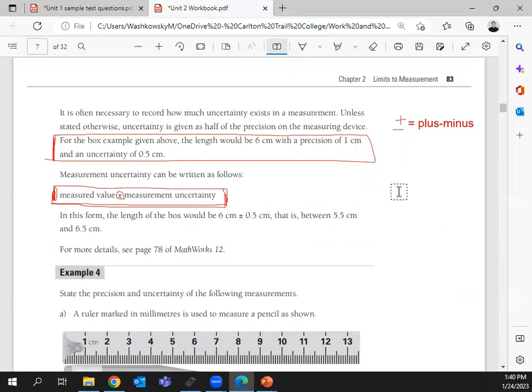So the easiest way I can think about it is this. Let's imagine, Kim, ask me how much it cost me to go to the movies yesterday. It costs me about $20, plus or minus $1.